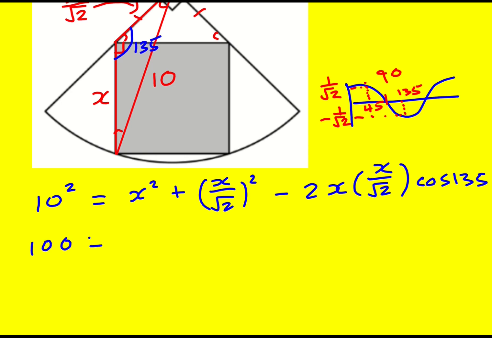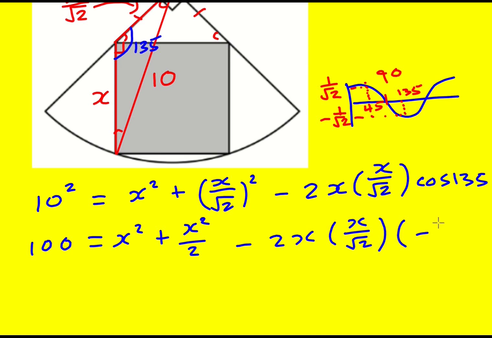Therefore, 100 is equal to x squared plus x squared over 2 minus 2x times x over root 2 times minus 1 over root 2. So this is great because the root 2 will become 2 and cancel with that, and then the minuses will also cancel.